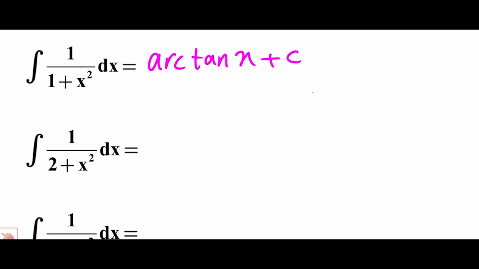Or the integral of 1 over 2 plus x squared equals the integral of 1 over, we can write, the square root of 2 squared plus x squared, because the square root of 2 squared equals 2. Basically, we want to fit this into our main formula.